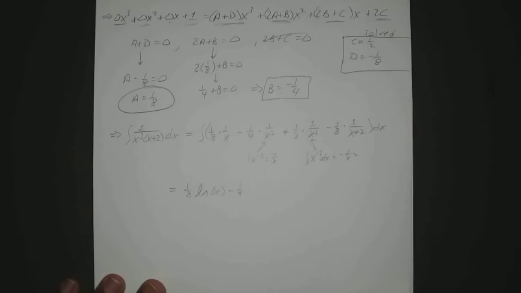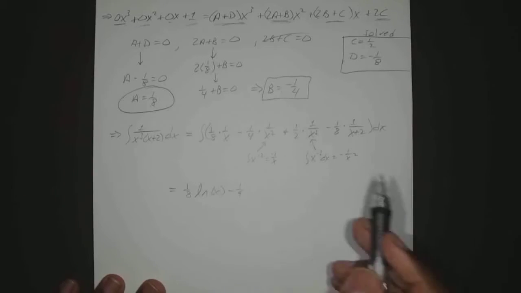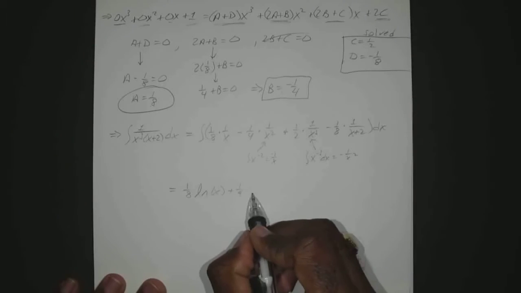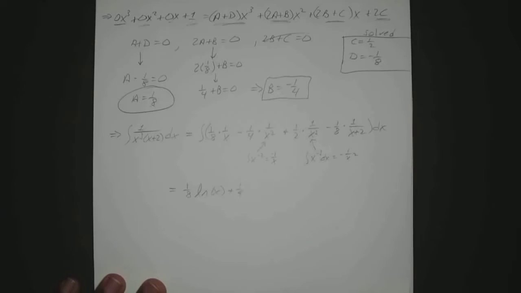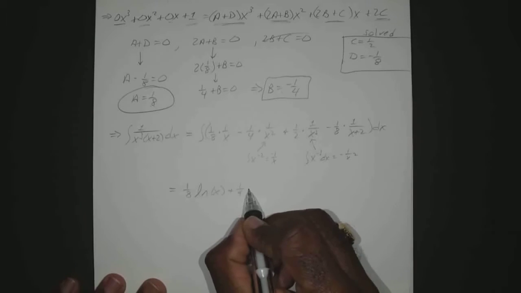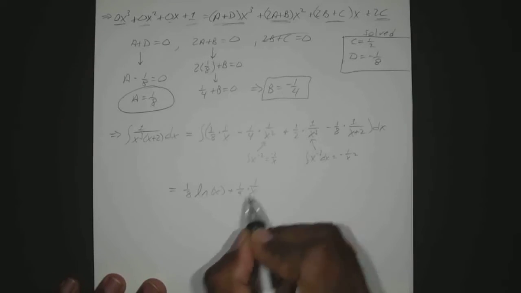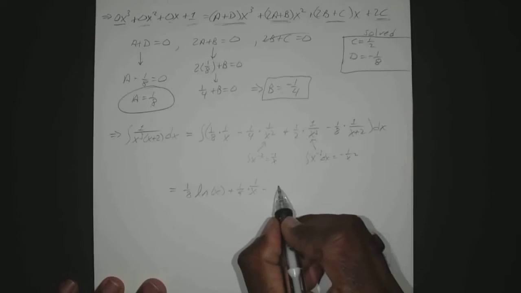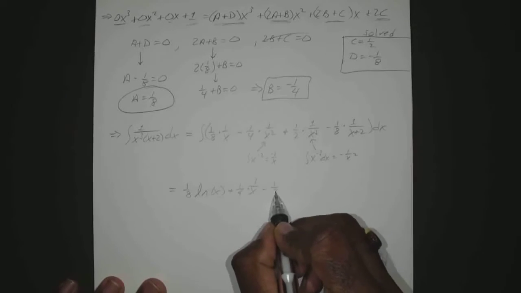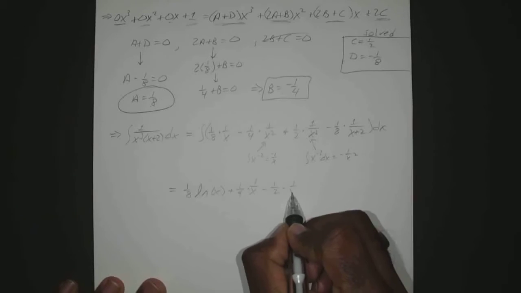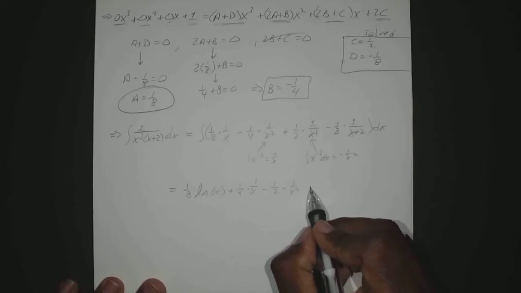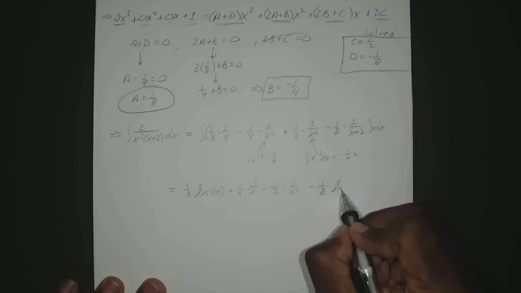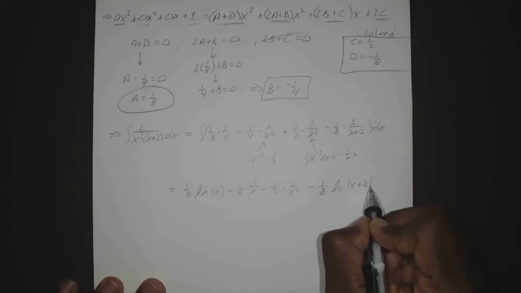Oh, actually that comes down and becomes plus negative 1/4, so plus 1/4. I guess you could say 1 over 4x. Now let's make it 1 over 4 times 1 over x. And that becomes minus 1/2 times 1 over x squared, minus 1/8 natural log of x plus 2.